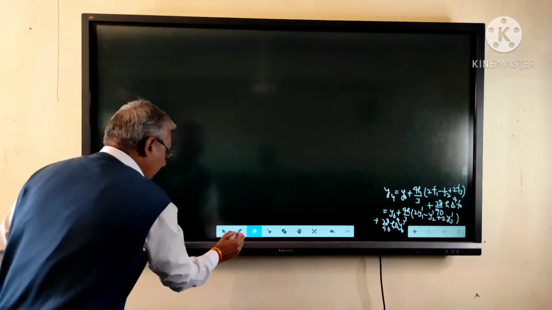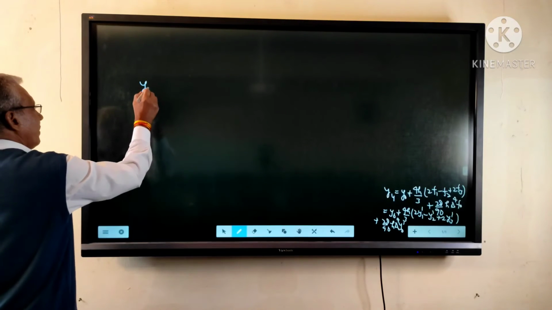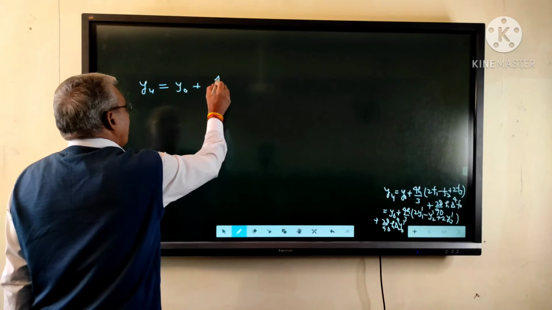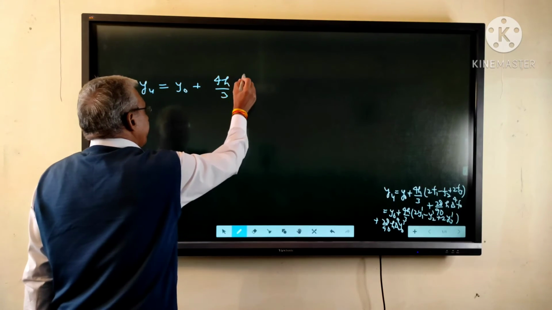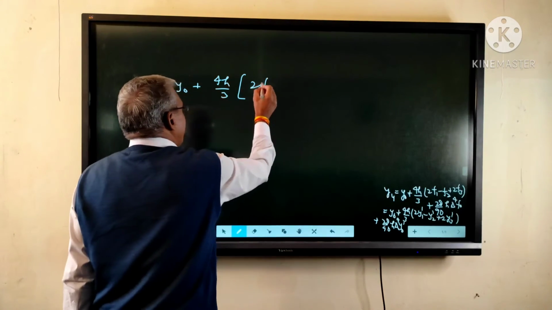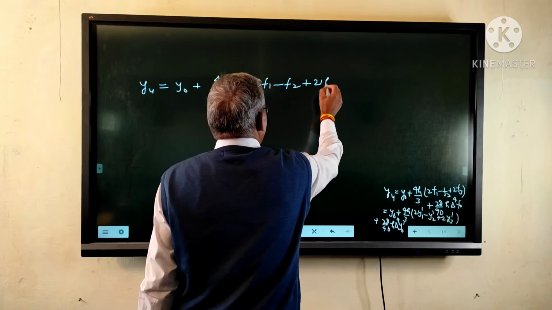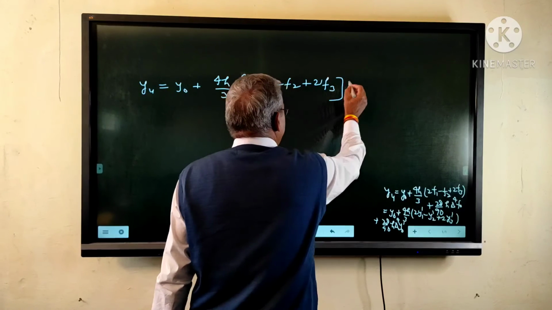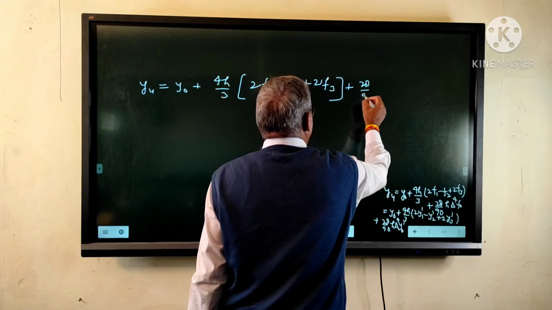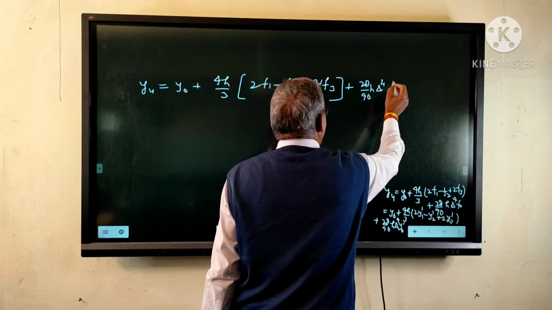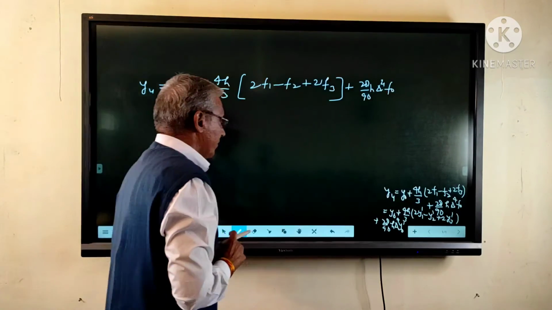Substituting these values, finally we get y4 equals y0 plus 4h by 3, 2f1 minus f2 plus 2f3, plus 28 by 90 del 4 f.